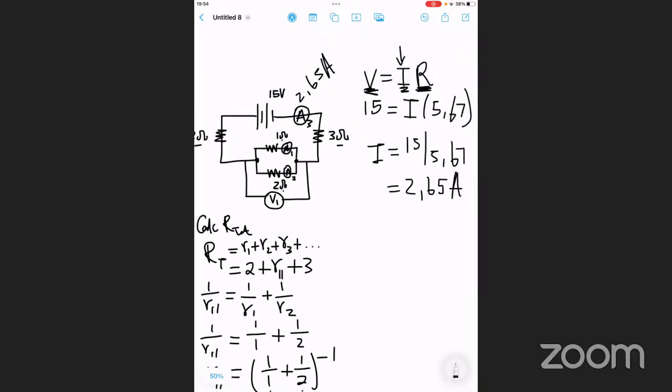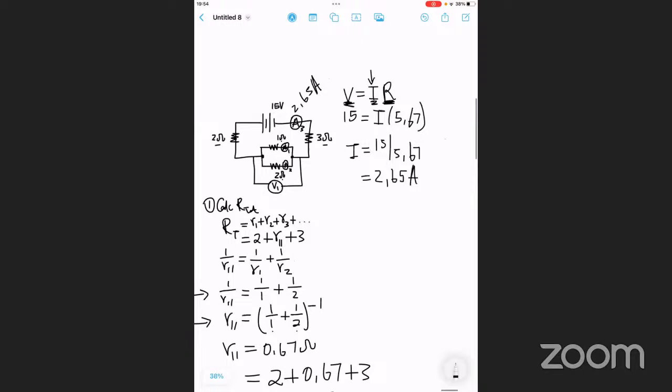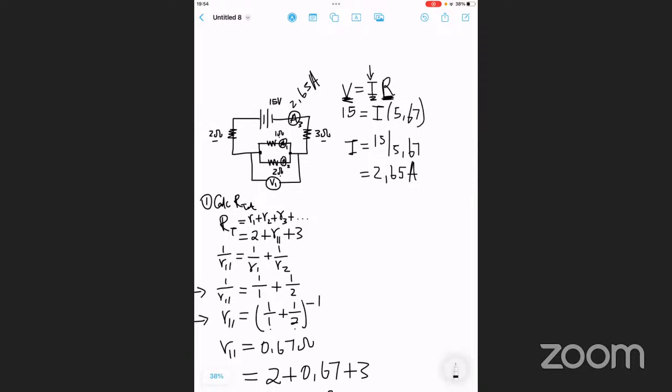There are many ways in which you can work it out. You can work out what the V is on that parallel connection, and then use that V in order to know the current flowing on A1 or A2.